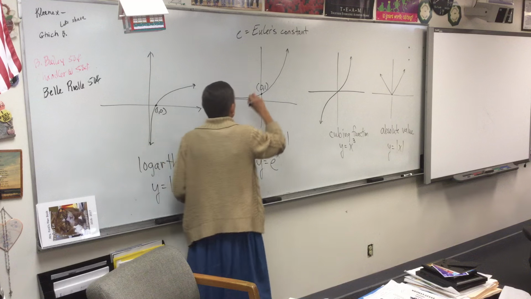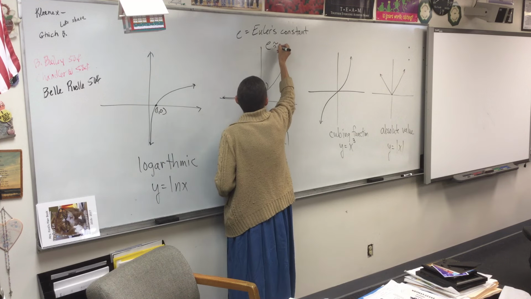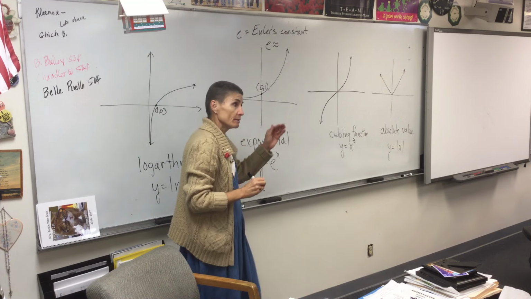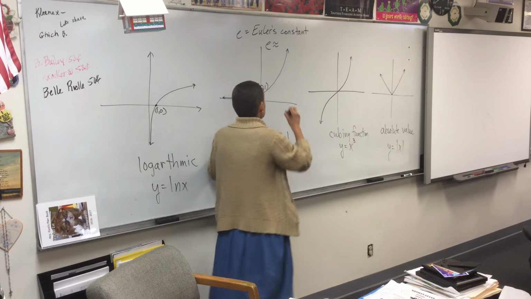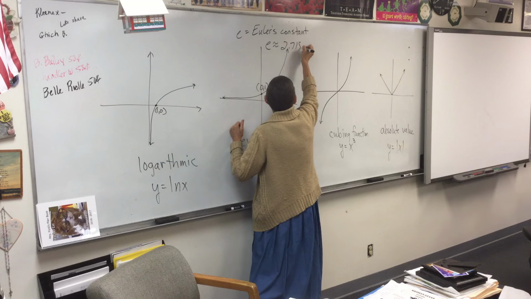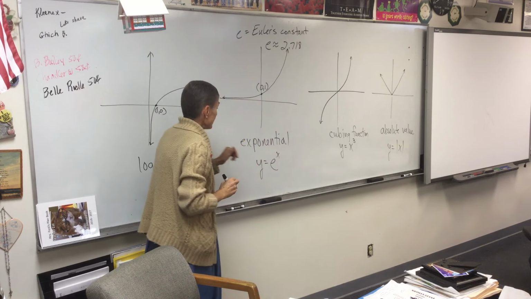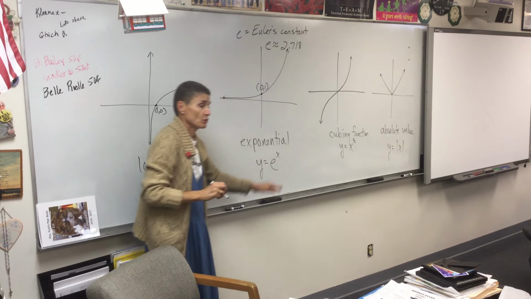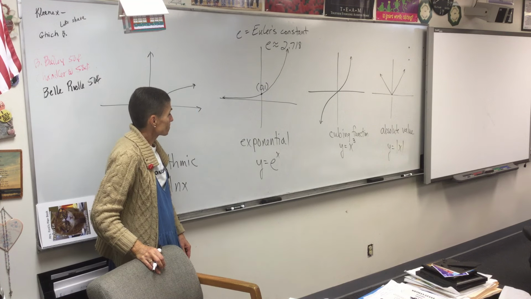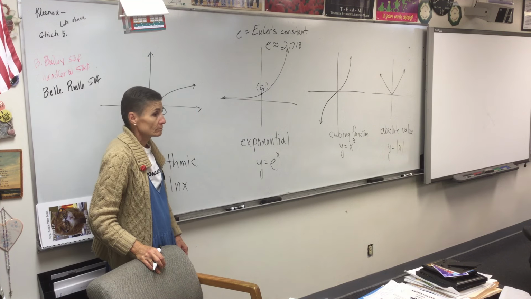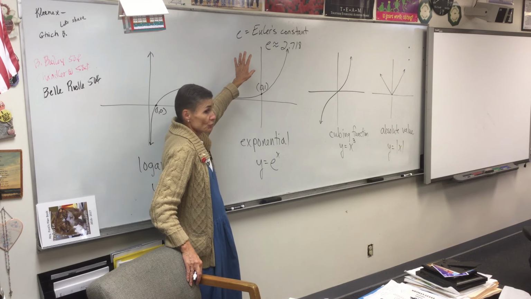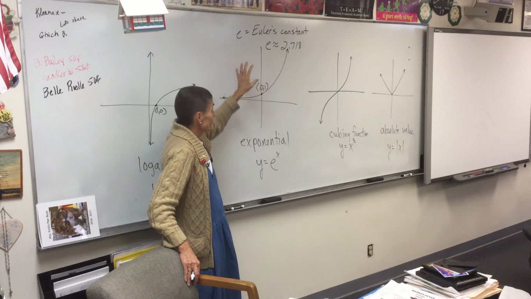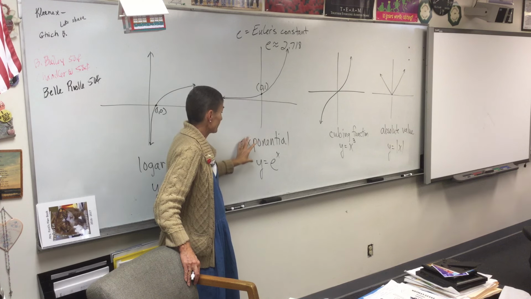Euler's constant. And it is approximately, you know how pi is approximately 3.14, E is approximately 2.718. It is the base of the exponential function. That's kind of extra information for you to know because you're smart mathematicians. Flashcard has this on the front, this on the back.